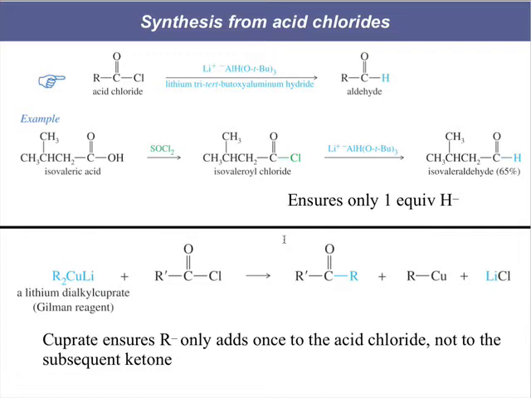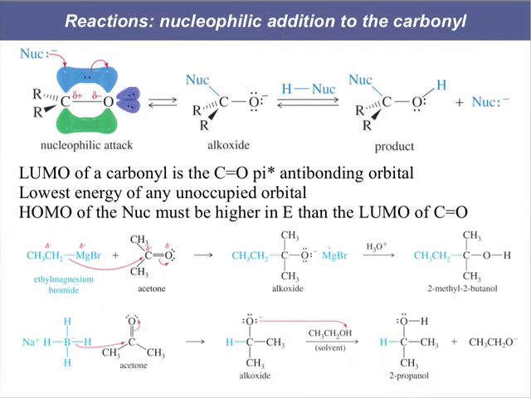We can either use lithium aluminum hydride or lithium tri-tert-butoxy aluminum hydride, or we can use a Grignard or lithium reagent or the lithium dialkyl cuprate Gilman reagent. While we're on the topic, let's talk a little bit about nucleophilic addition to the carbonyl. You probably remember this.